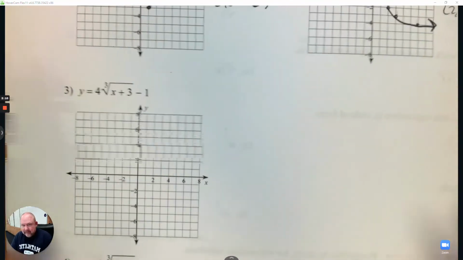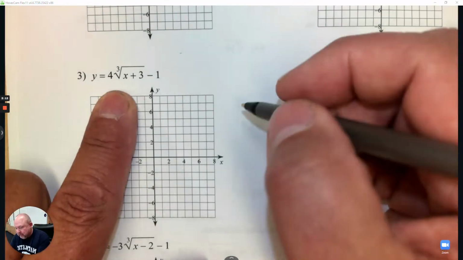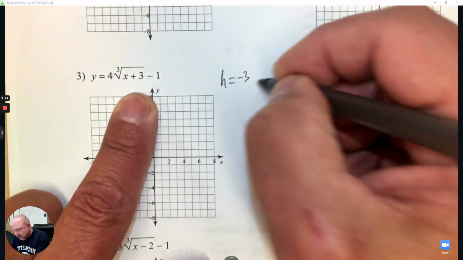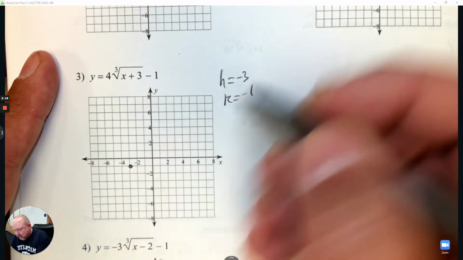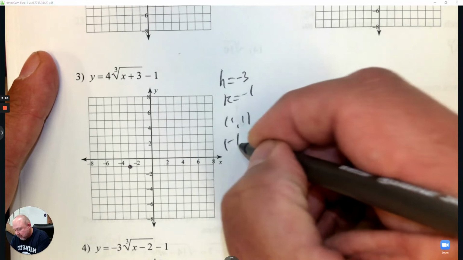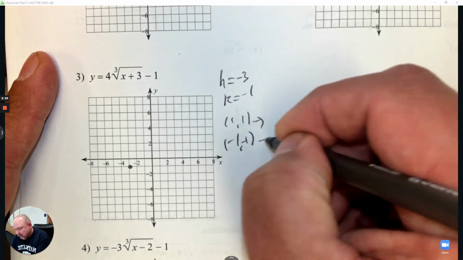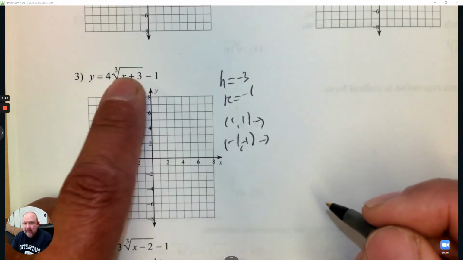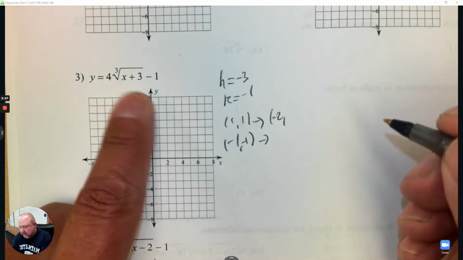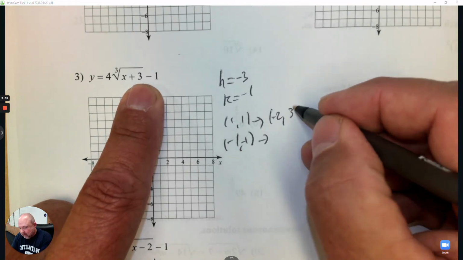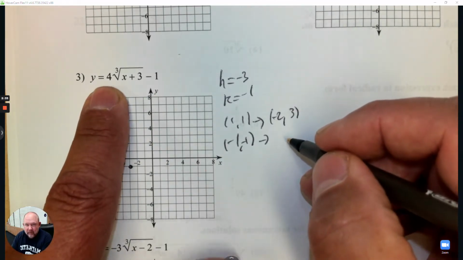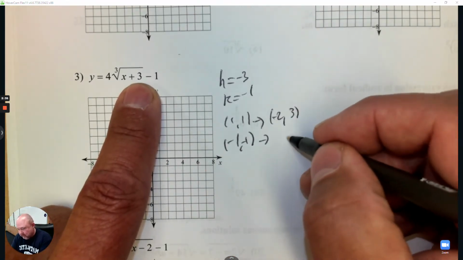All right, number 3, how do you graph a cube root? h, k again. That's a good place to start. So -3, -1. The 2 points we're going to change here are 1, 1, and -1, -1 from the parent. And again, we're going to subtract 3. And to the y value, we're going to multiply it times 4, take away 1. And -1 times 4, which is -4, take away 1, which is -5.